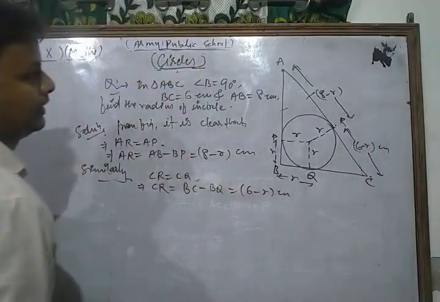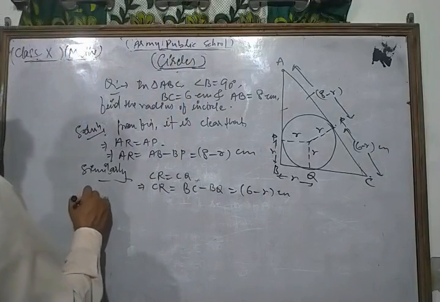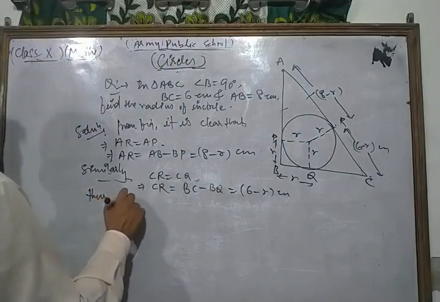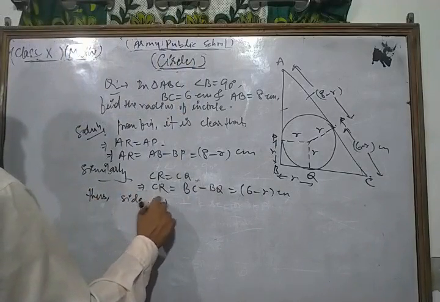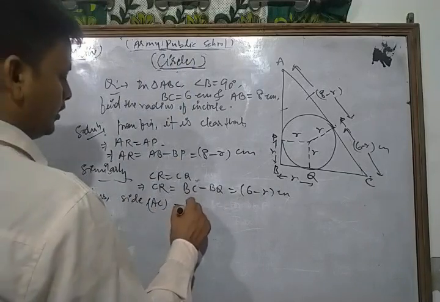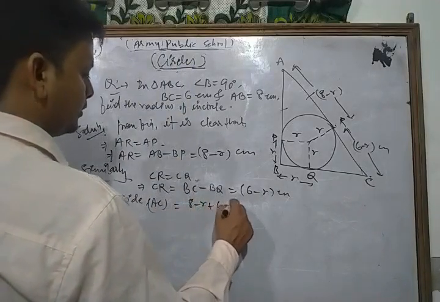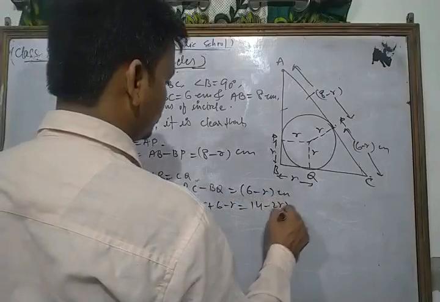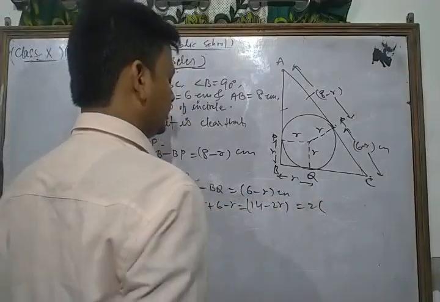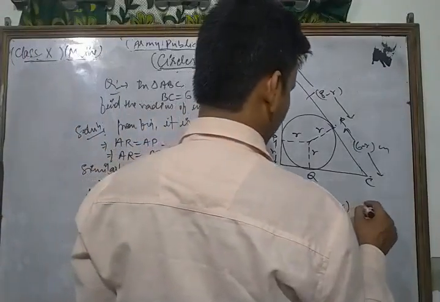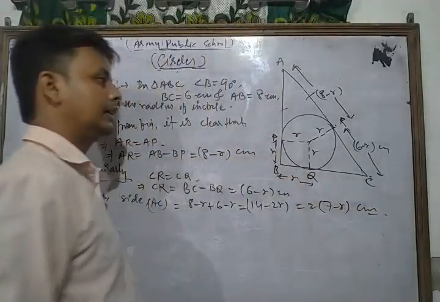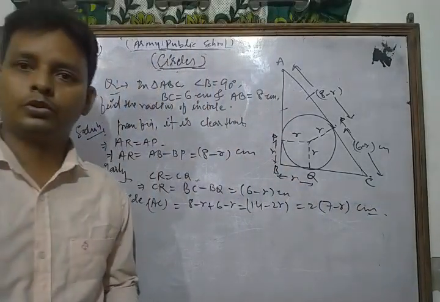Now the side AC of the triangle is 8 minus R plus 6 minus R, which means 14 minus 2R, or taking 2 common, we get 2 into 7 minus R centimeter. So in this way we find the side AC also.